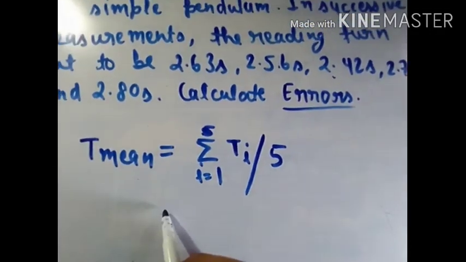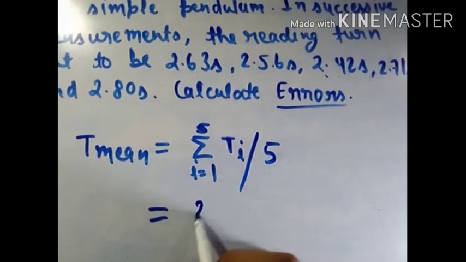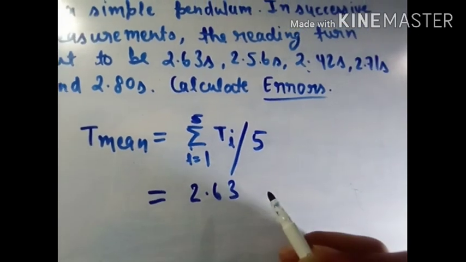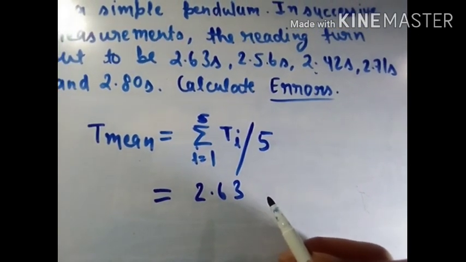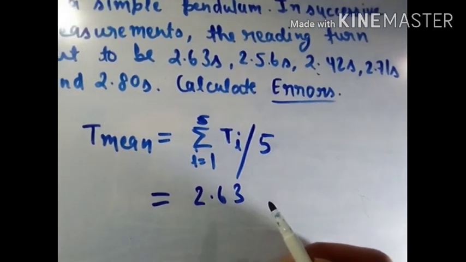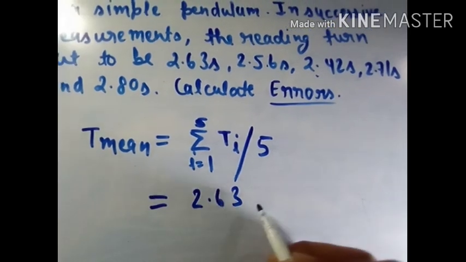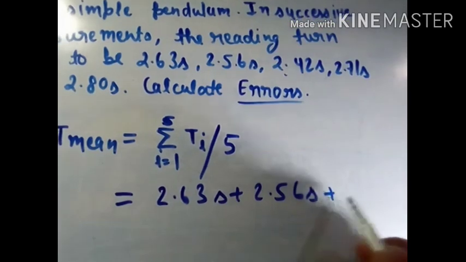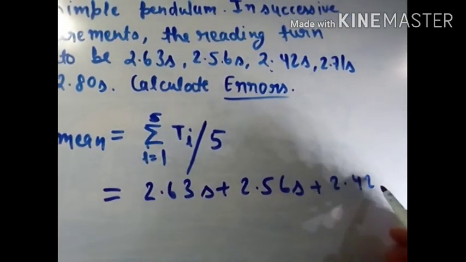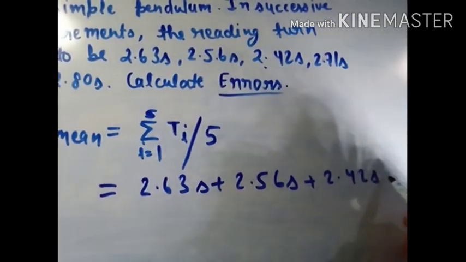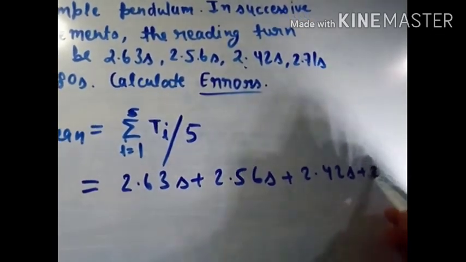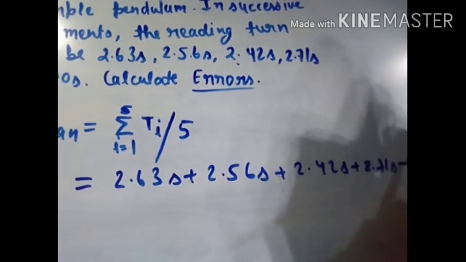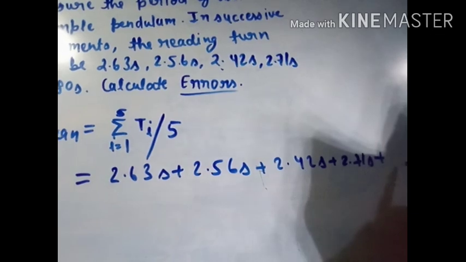So let us add them all. Try to solve this question along with me. Use your copy and pen. Don't just sit there. You are here to learn, so just do it. 2.63 second, 2.56 second, 2.42 second, plus 2.71 second, then again plus 2.80 second.